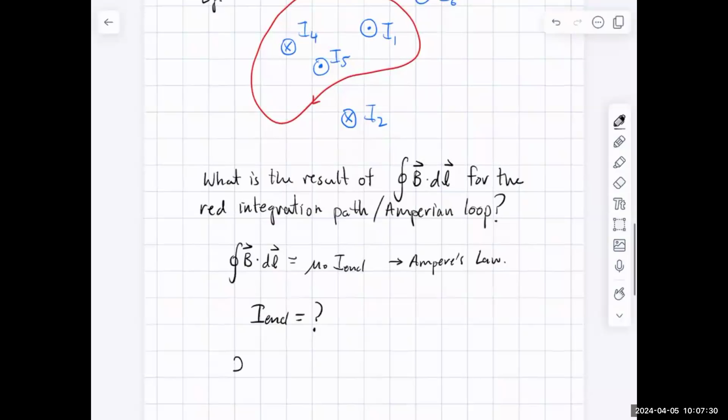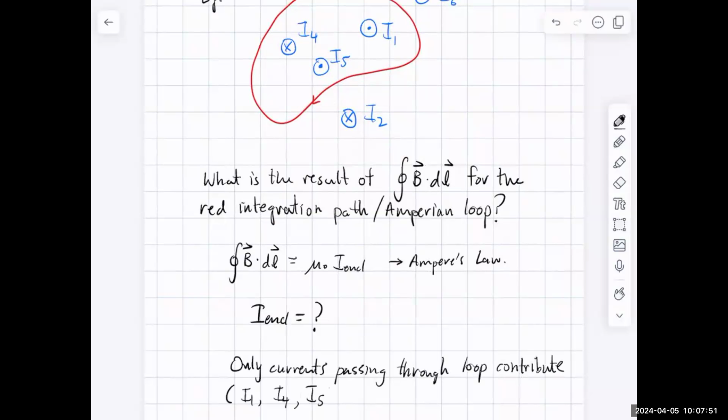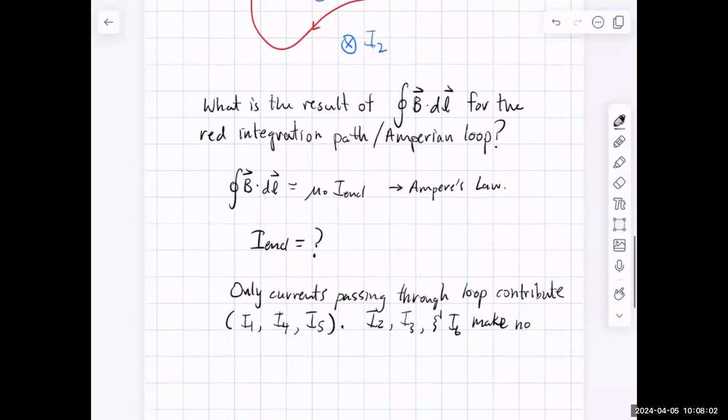So only currents passing through the loop contribute. And so those currents are I1, I4, and I5. So I2, I3, and I6 make no contribution.